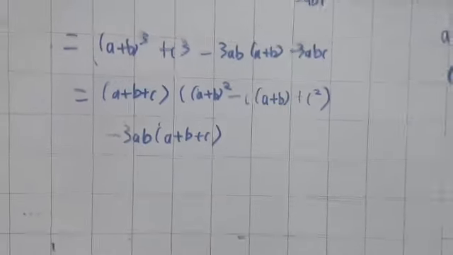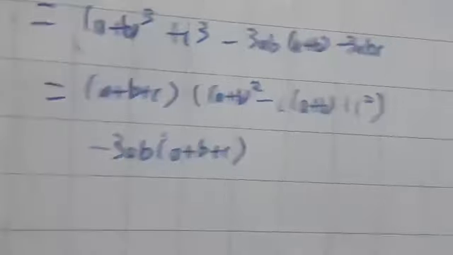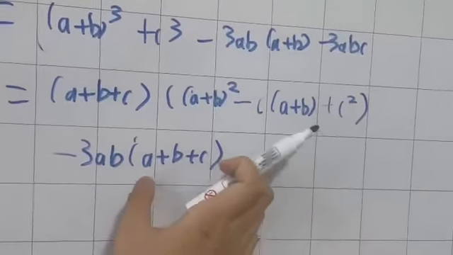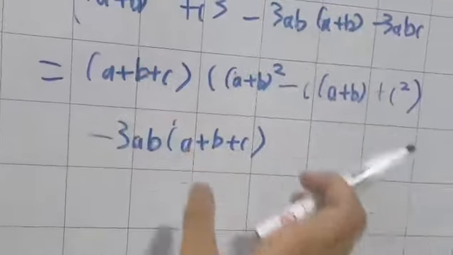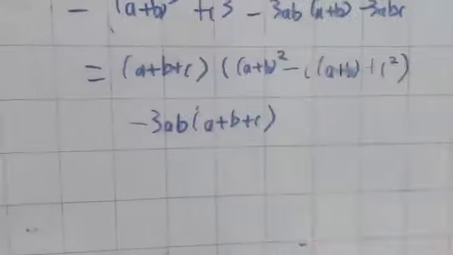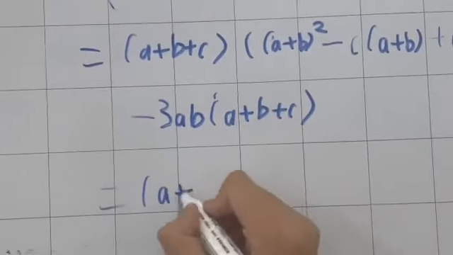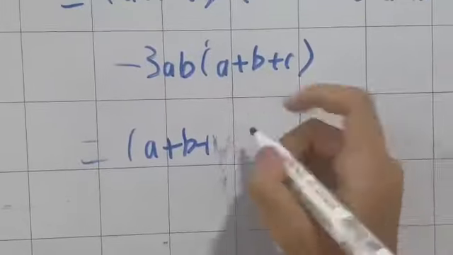Now you already see the pattern here. (a plus b plus c) appears in both terms, so we're going to factorize it out too. So (a plus b plus c).